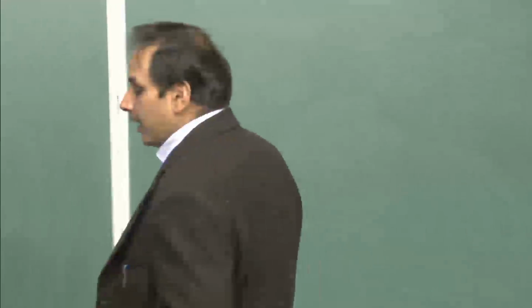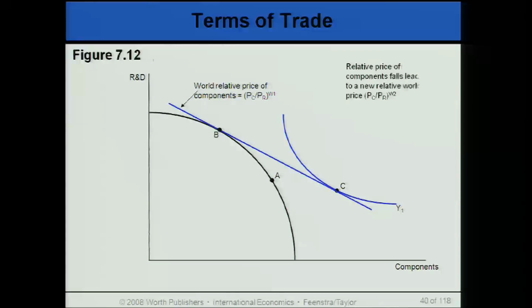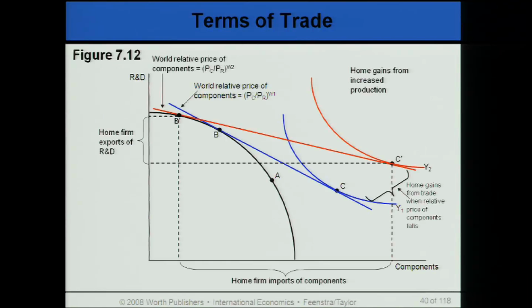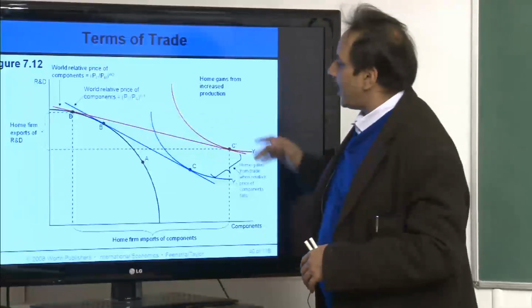And remember, whatever is the terms of trade of the foreigners, the inverse of it is the terms of trade of the home. So if the technological progress takes place in the component sector, there are further gains of outsourcing for the home country. Now you would see that the world relative price of components has become flatter.